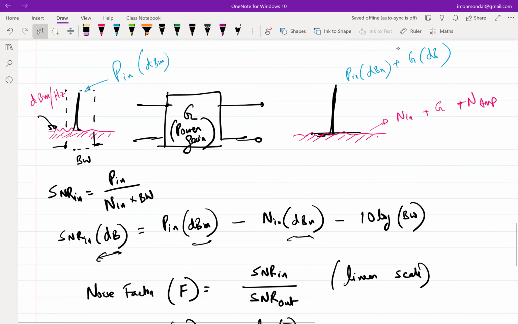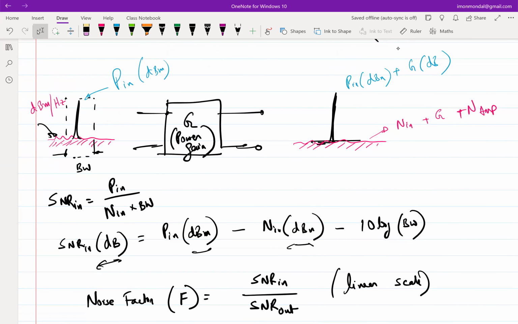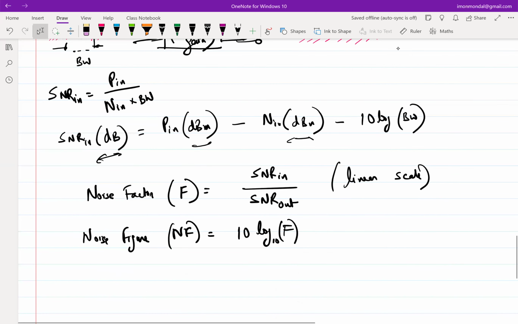With respect to the input, that means noise increased by a factor of 2. So your block has added exactly the same amount of noise that was coming in. Whatever was coming in, on top of that, it has added the same amount of noise. So a noise figure of 3 dB implies that, and that will also be evident shortly from the expressions.